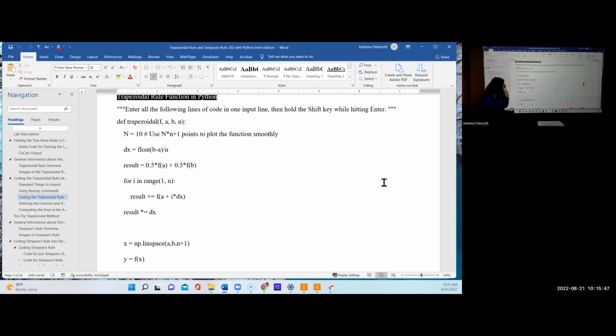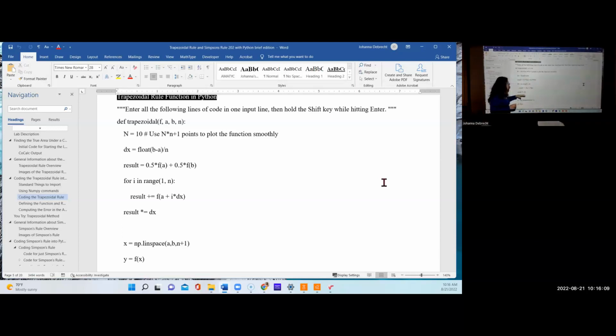And this will give us the trapezoidal rule. And then finally, we have the result times equals. What does that mean? After I've completed this part right here, I have the interior part of the trapezoidal rule. Half of the left endpoint, plus all the others in between, plus half of the last one.